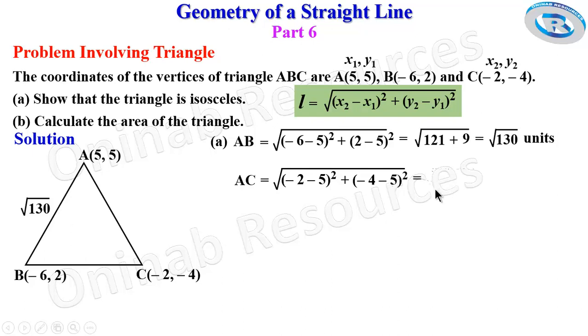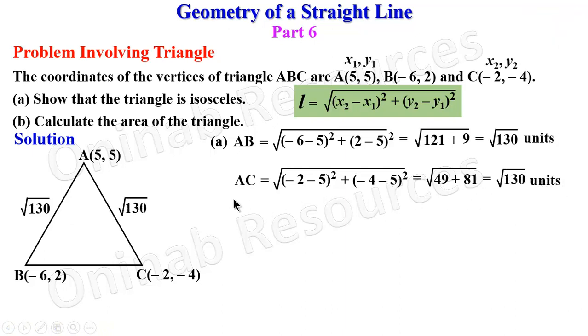Squaring it gives us 49. Then -4 minus 5 gives -9. Squaring it gives us 81. 49 plus 81 gives square root of 130 units.